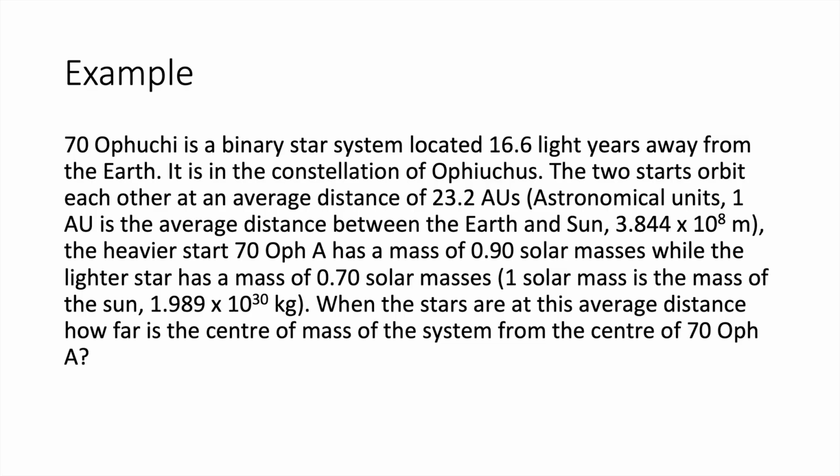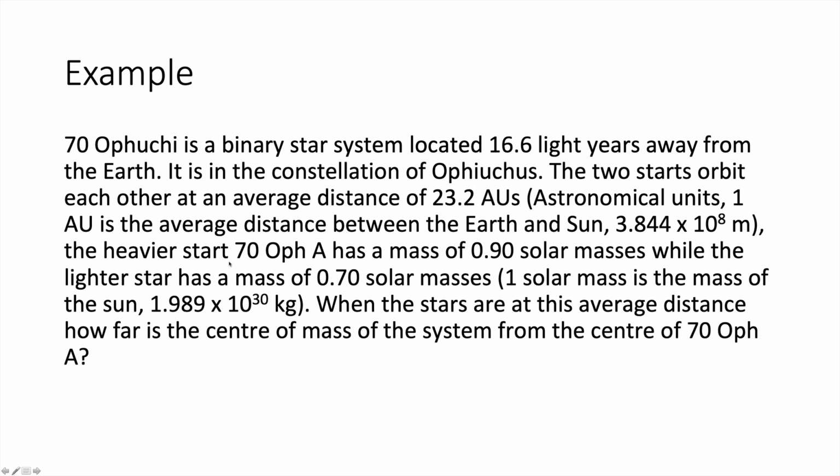So in this example problem, we're told that 70 Ophiuchi is a binary star system located 16.6 light years away from the Earth. It is in the constellation of Ophiuchus. The two stars orbit each other at an average distance of 23.2 AU, where AU stands for astronomical unit, and 1 AU is the average distance between the Earth and the Sun, which is equal to 3.844 times 10 to the 8 meters.